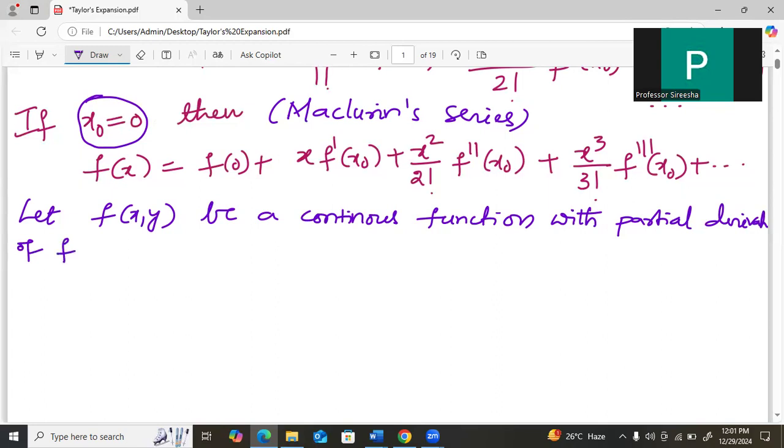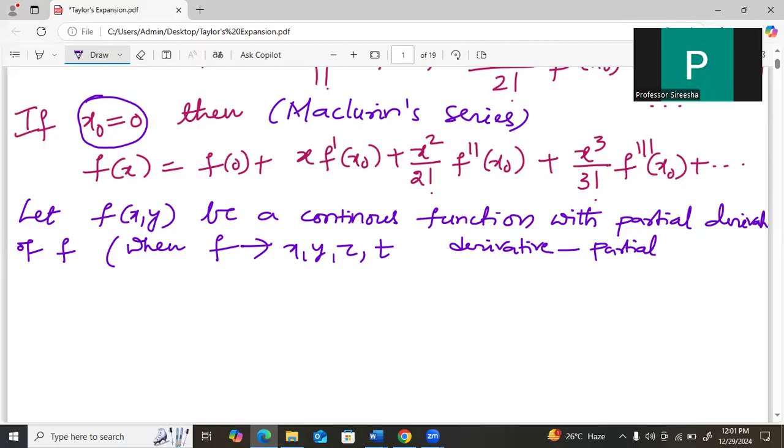You all know that when a function is in more than one variable, x, y, z, t, like that, then if I'm considering a derivative, it would be partial. I cannot differentiate it completely. I'll be doing it partially. So I'll be making a mention in the suffix, that is, I'm differentiating f with respect to x or y or z or t.